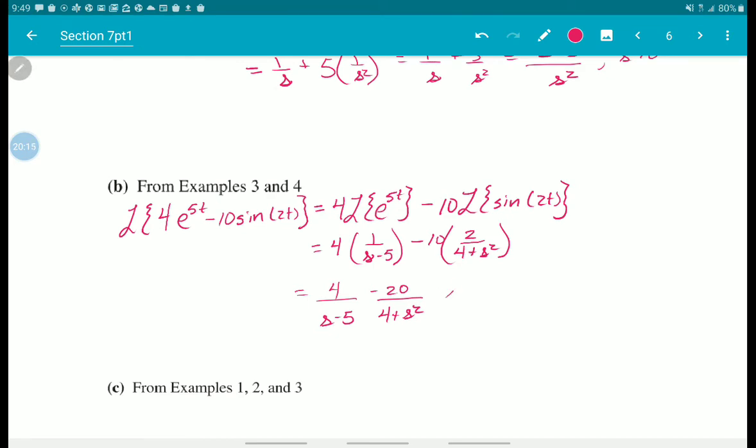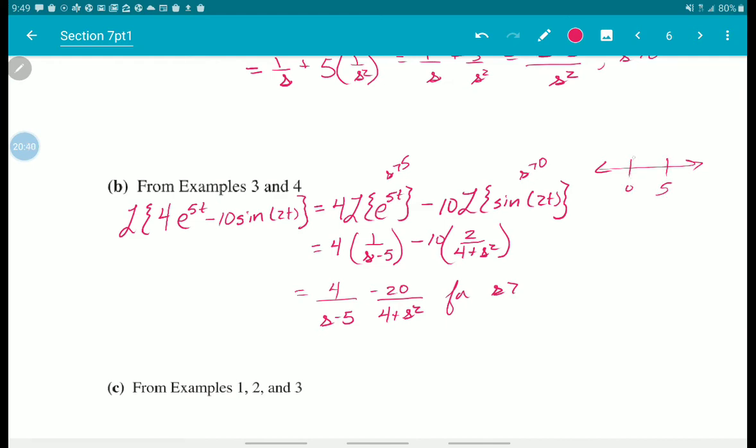So if we want to talk about what's that restriction on s, what does s have to be bigger than? It's going to be the overlap of these. We said that when we found this Laplace, s had to be greater than 5 to force convergence for that integral. Here, s had to be greater than 0. So if we look at that overlap, think about it as a number line. Here's 0, here's 5.